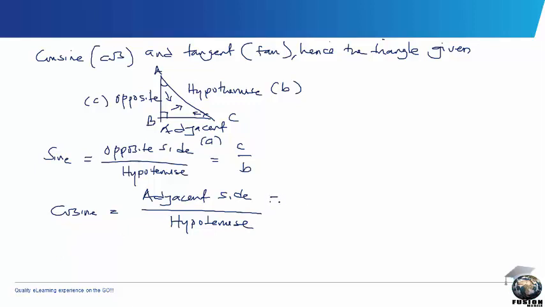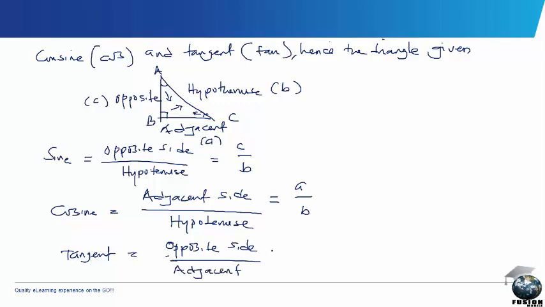You can as well look at the diagram: the side adjacent A over the hypotenuse B. And then the tangent is given as the opposite side all over the adjacent side, which is C over A. The opposite side there is C, and the adjacent side there is A. So we say opposite C over the adjacent side A.